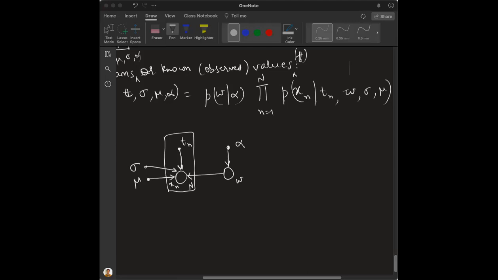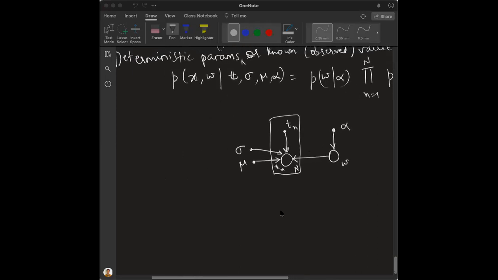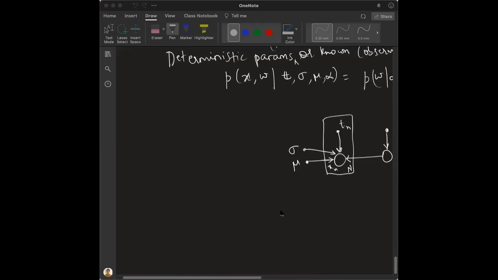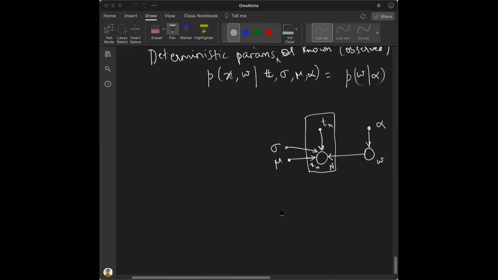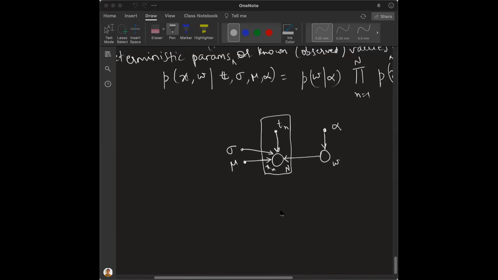Now we are coming to a very important point where we have to train our parameters. How do we train our parameters? Okay, let me first copy this graph.